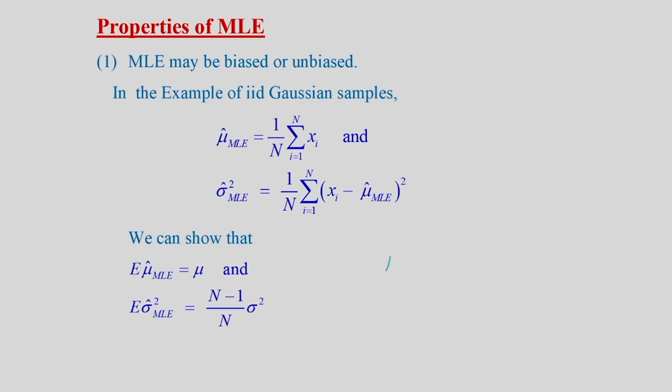So mu hat MLE is an unbiased estimator, and sigma hat square MLE is biased. That way, an MLE may be biased or unbiased.